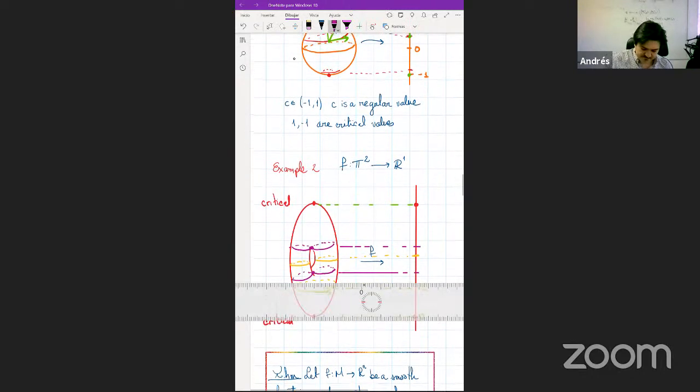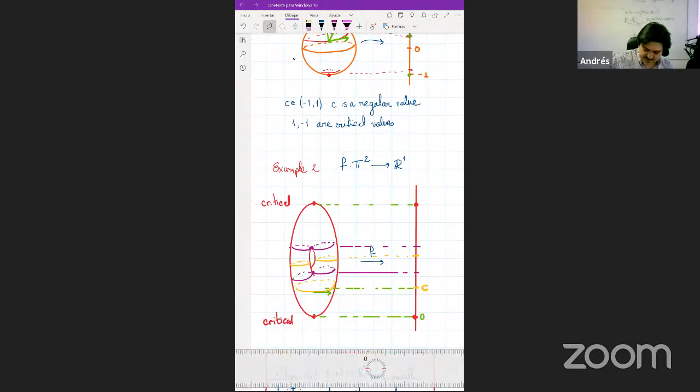Okay, so let's call this C1 and C2. If you are above C2, you have one circle. If you are below C2, you have two circles. And exactly on C2, they match into a single point.